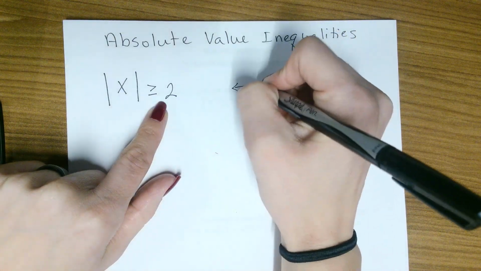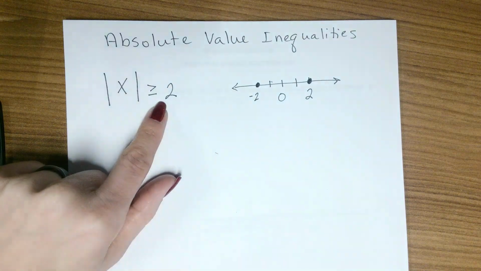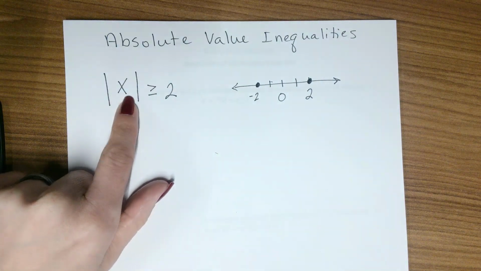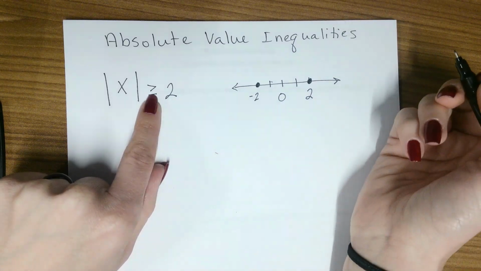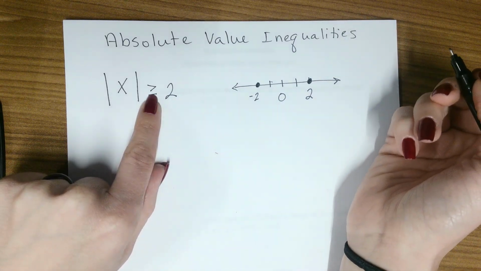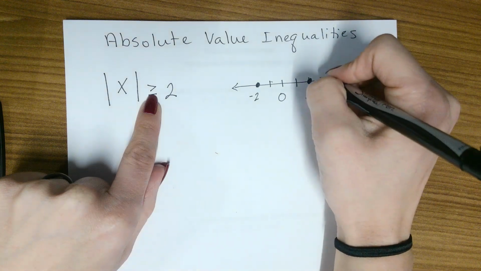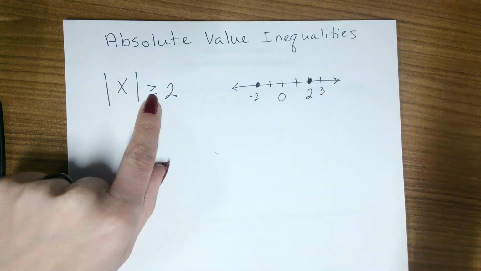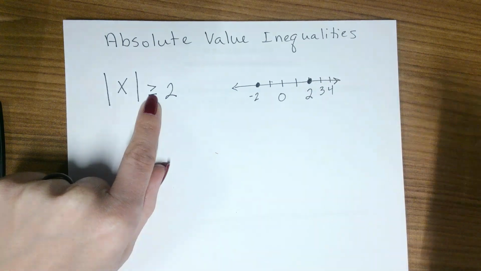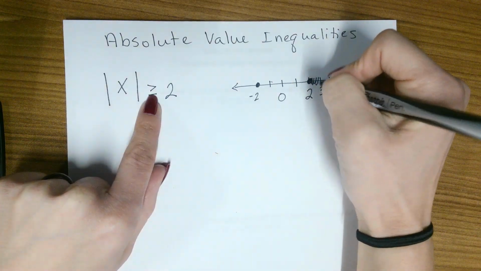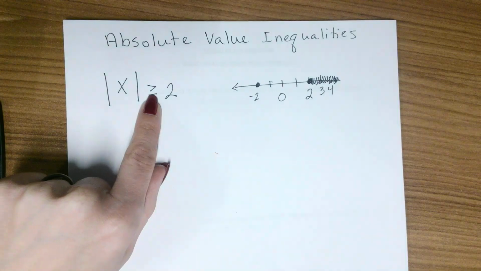So definitely both of these are in our solution, but what else? This says we took the absolute value of some number and it gave us a value that was greater than 2. So what could I take the absolute value of that would give me something greater than 2? Well, I could take the absolute value of 3, and that would give me 3, and that's definitely greater than 2. Or 4, or 5, or 6, 7, anything greater than 2, the absolute value would give me something greater than 2.